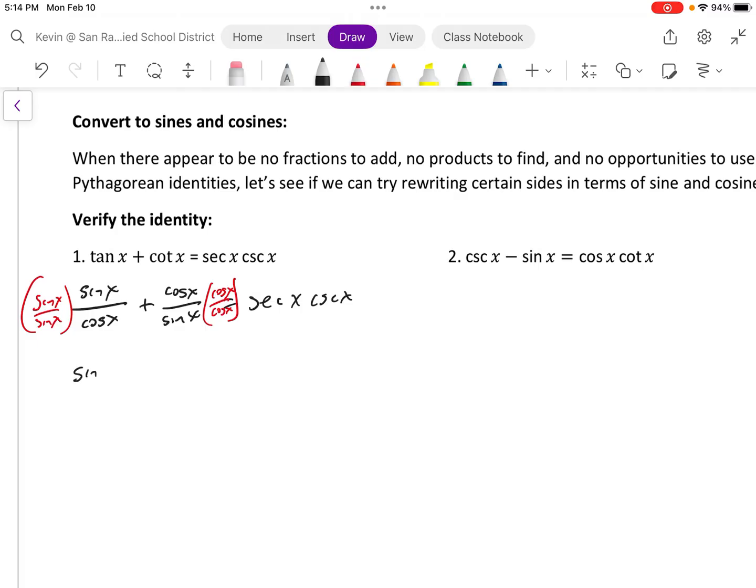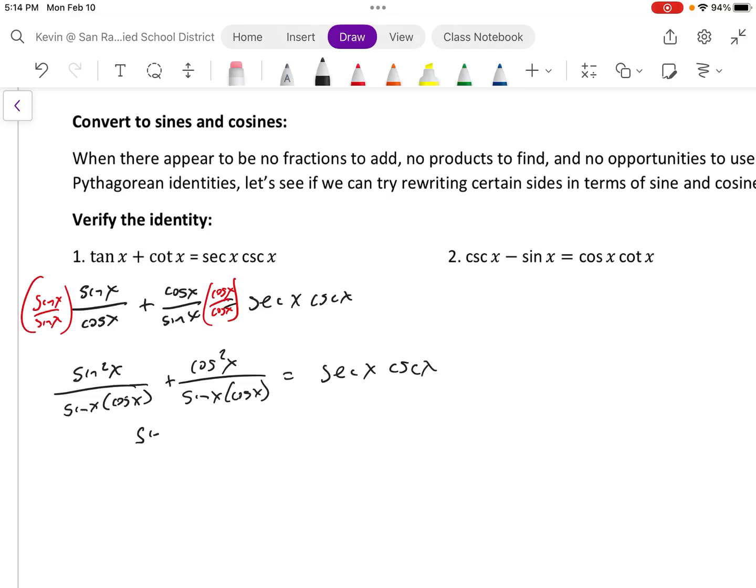This gives me sine squared x over sine x cosine x plus cosine squared x over sine x cosine x equals secant x cosecant x. All right, put these together.